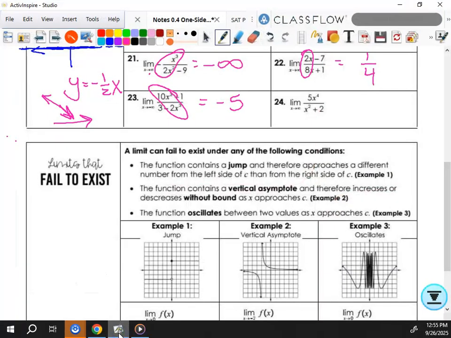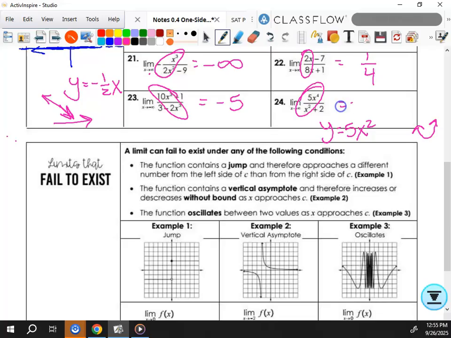Then one more of those. Top heavy, bottom heavy, tied in degree. Top heavy. Do I have a slant asymptote? No. But if I make that ratio, I will get y equals 5x squared, right? So that means that my asymptote is a parabola. So whether I'm approaching infinity or negative infinity, what's my limit?